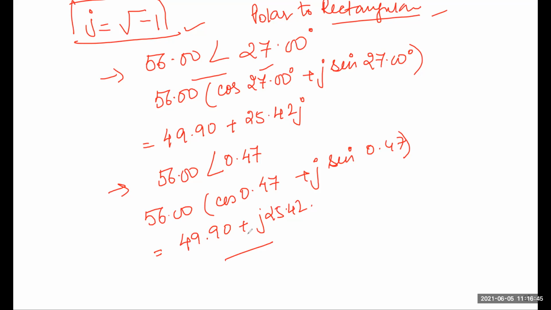Means if you are given 49.90 and imaginary 25.42, then how will you convert it into angle? That is important. Okay, so I'm going to the next page. These things are very basic. I don't know why you people don't know. Next is rectangular to polar.